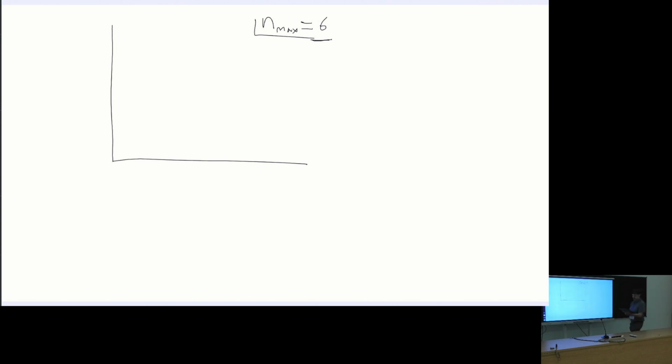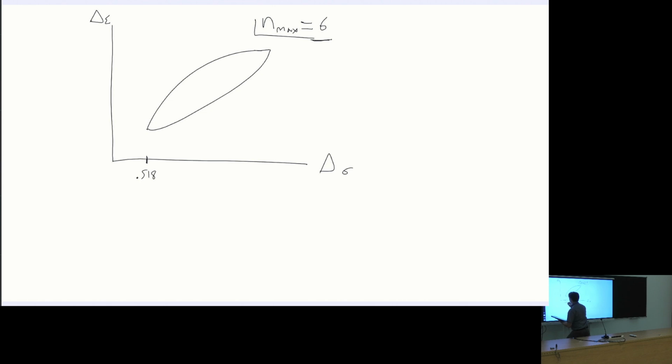If nmax equals 6, this is a small enough problem that we can map out the whole shape of the island and see what it looks like. So we get some allowed region in delta sigma, delta epsilon space, which looks like this.